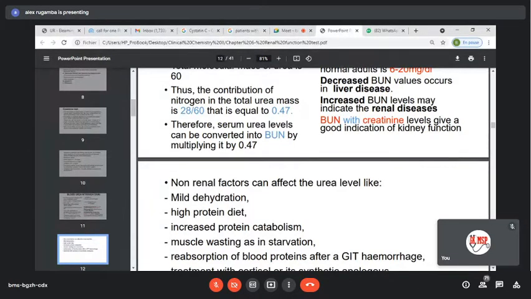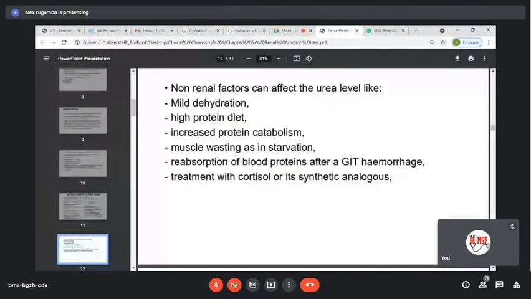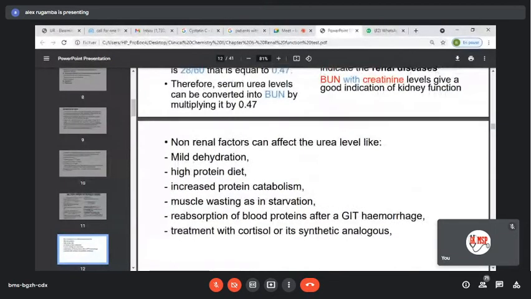In the case of increased metabolism, urea will be high. In the case of muscle wasting in starvation, the urea level will also increase. So all those factors may increase urea. That is why we say that creatinine is better than urea, because urea is sensitive to many factors.